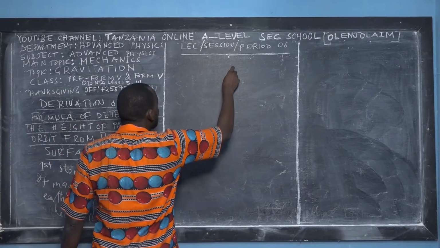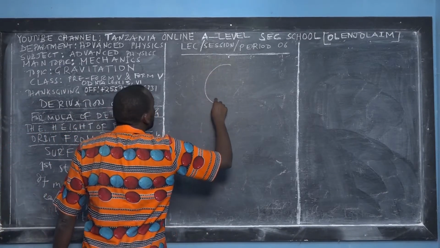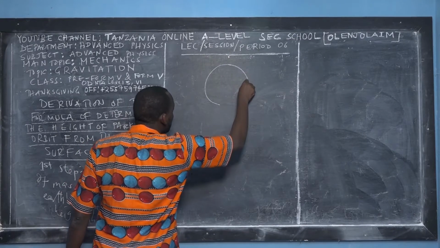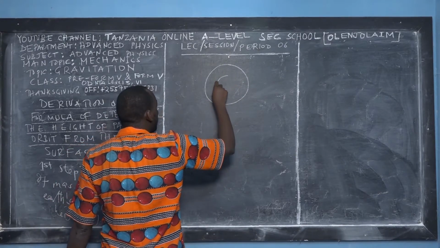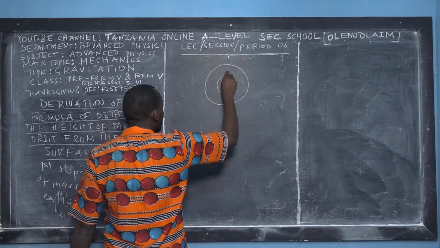Then I would like to sketch the orbit. Suppose that this is our satellite's orbit and this is the Earth.